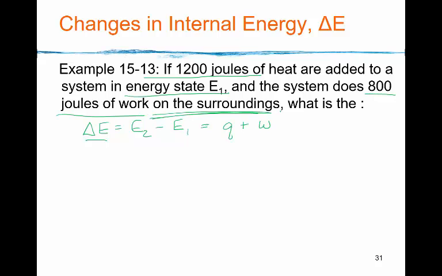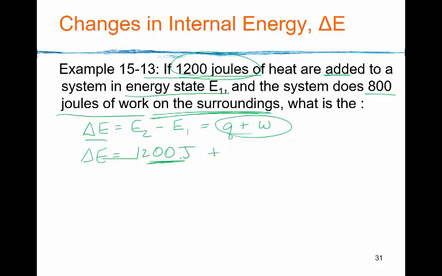So you've got to interpret how this is written. For delta E, we've added 1200 joules. That's the amount of heat added. And it does 800 joules of work on the surroundings.